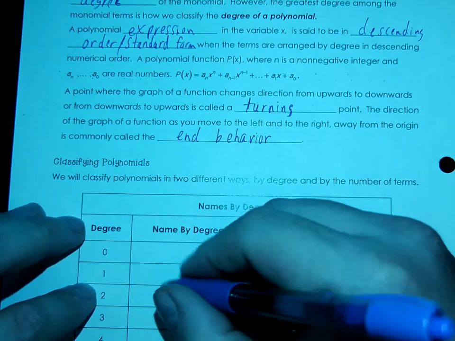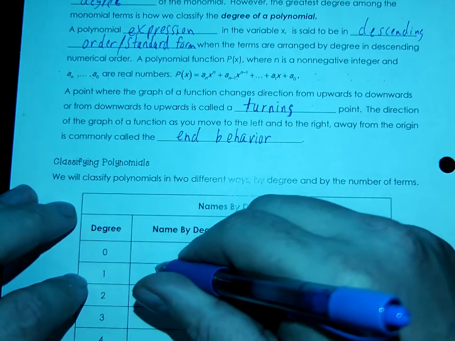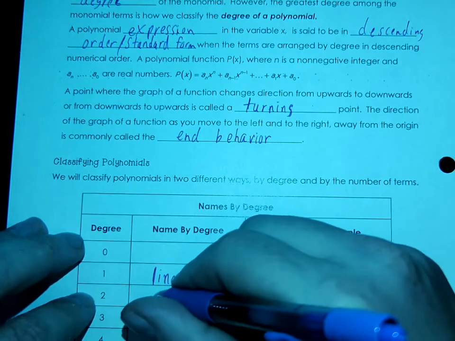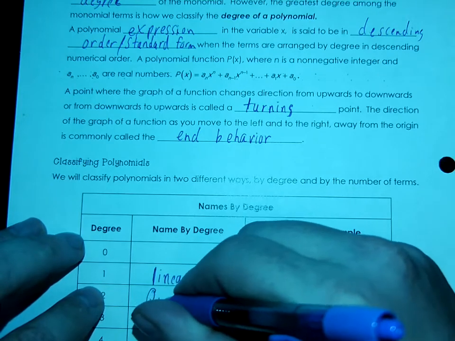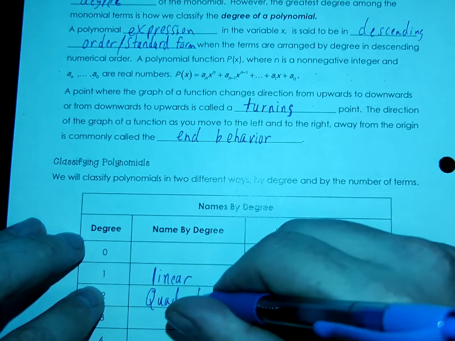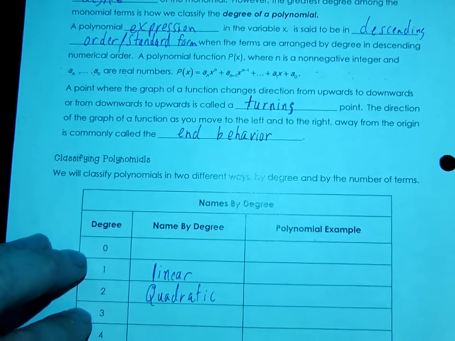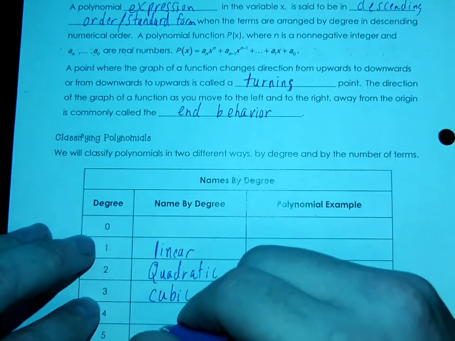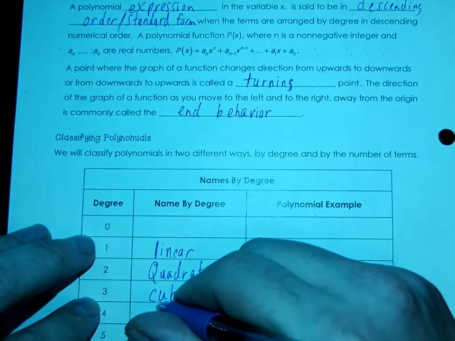A first degree polynomial is called a linear polynomial. A second is called a quadratic. A third is called a cubic. A fourth is called a quartic, like a quart.